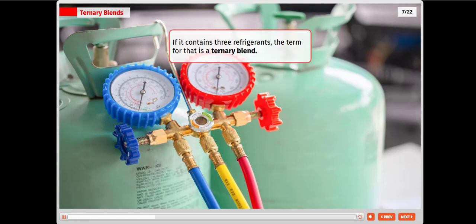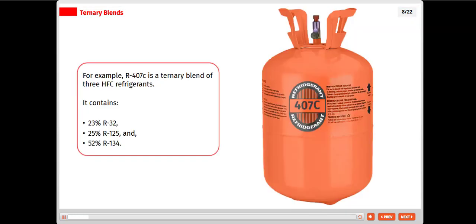If it contains three refrigerants, the term for that is a ternary blend. For example, R407C is a ternary blend of three HFC refrigerants. It contains 23% R32, 25% R125, and 52% R134a.